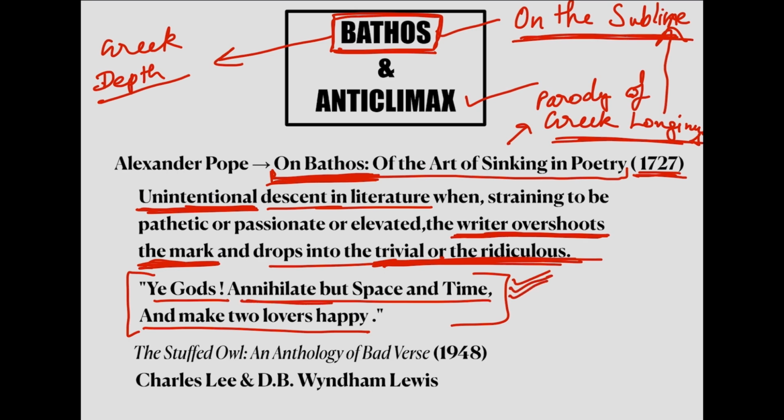He is saying to God that please destroy this space and time so that two lovers can be together and can be happy forever. So he is talking about a very trivial matter and he is making such a big deal out of this situation that it becomes trivial and seems to the reader as ridiculous.